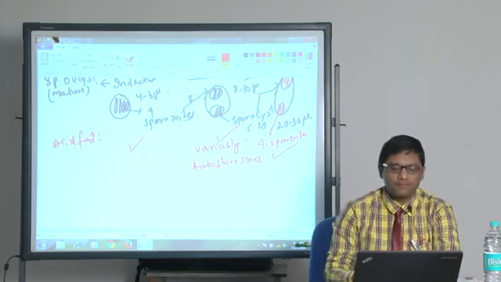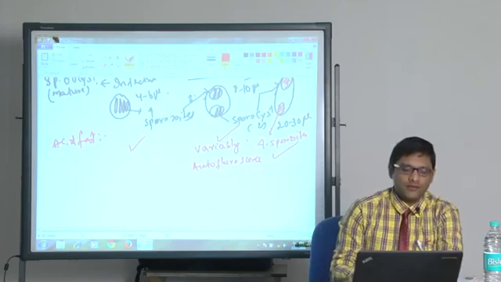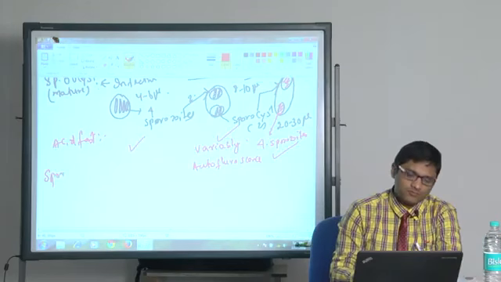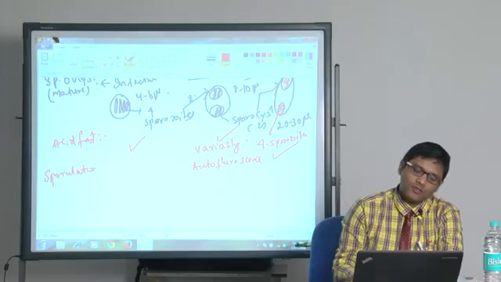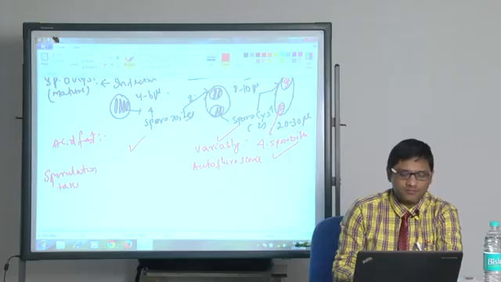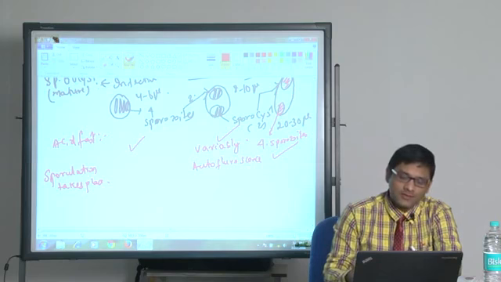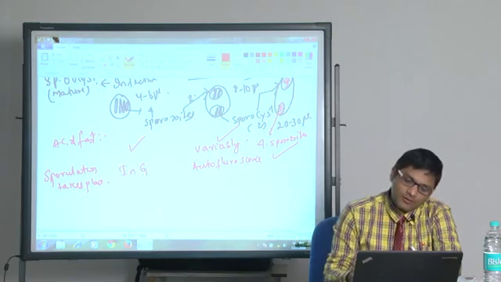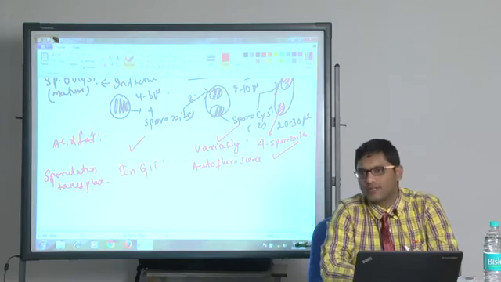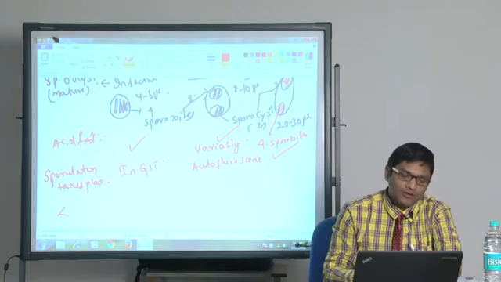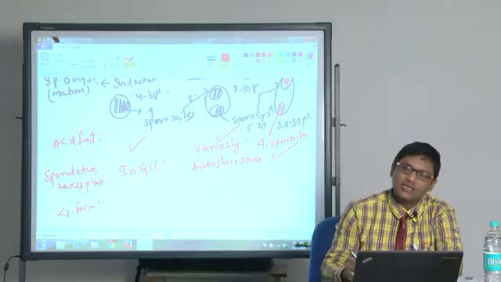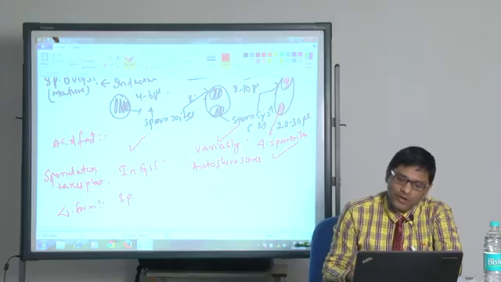Fine. Then where does the sporulation take place? They say that for Cryptosporidium, sporulation takes place inside the GIT. That is why the diagnostic form is sporulated oocyst.